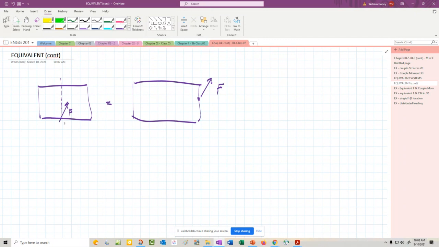Okay, again, if that original force was here, we'd have to put the minus F with this positive F, and this F here would cancel this one, and then we could slide it there. However, that's over at some distance from that point. It's no longer on the line of action of that force.